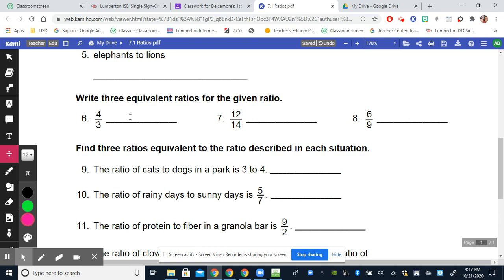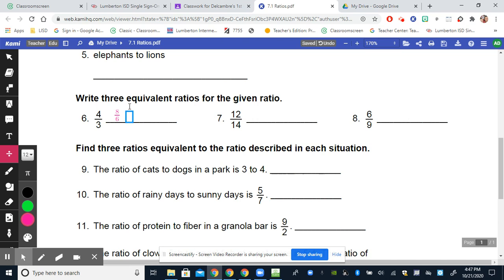So I'm going to come and grab my text box. I'm sorry, my equation box. So I'm going to make one. So 4 to 3, 4 over 3 is the same as saying, say, 8 over 6. Remember, this was that bottom part of our notes that we were multiplying by.